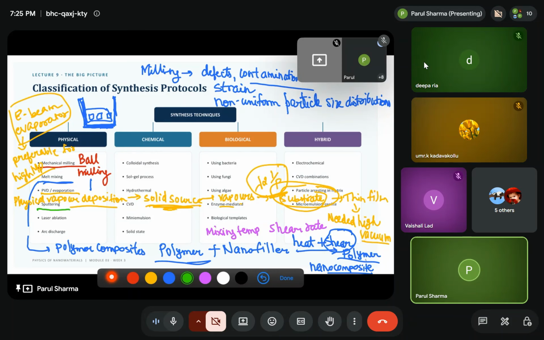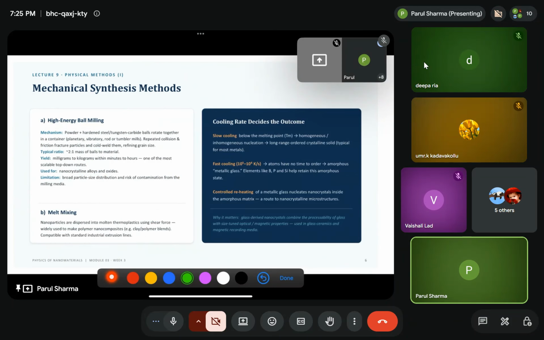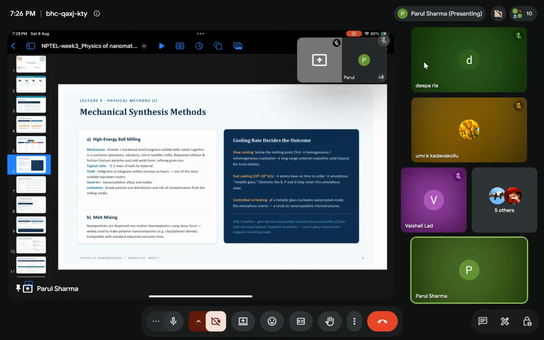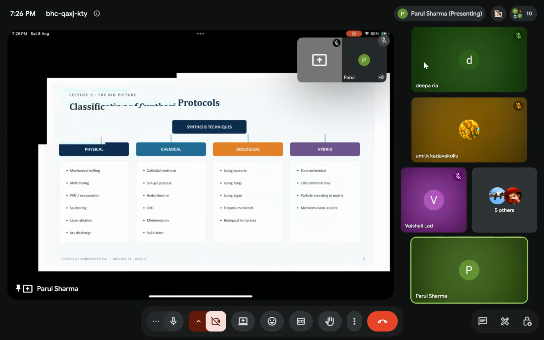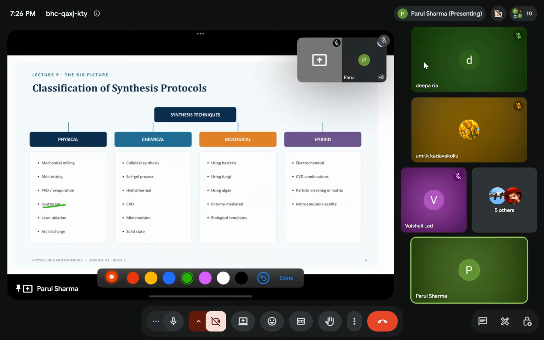So what is happening here? We are dealing with the energetic ions.